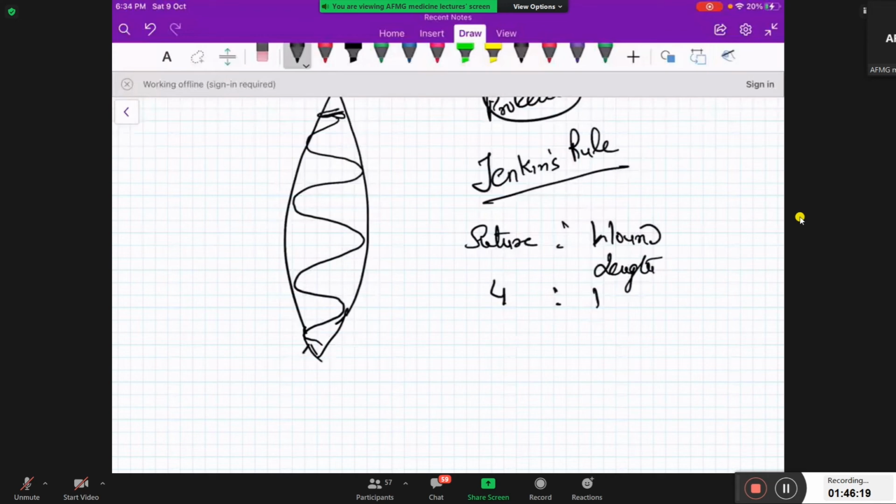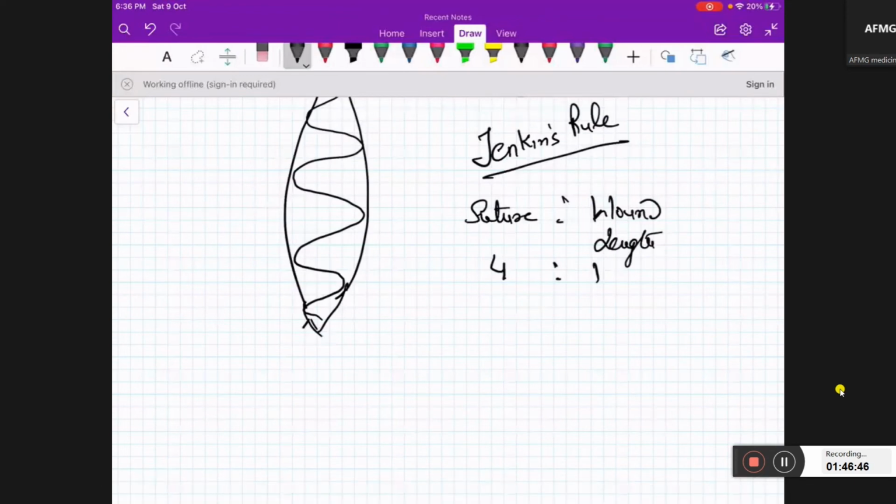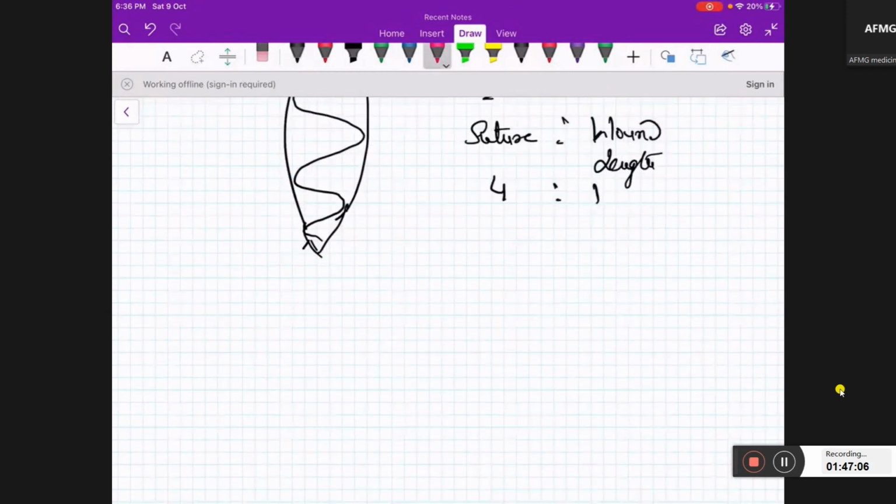For visceral approximation, we also have to use suture. In all those viscera where there is a potential of stone formation, we should not use non-absorbable suture.